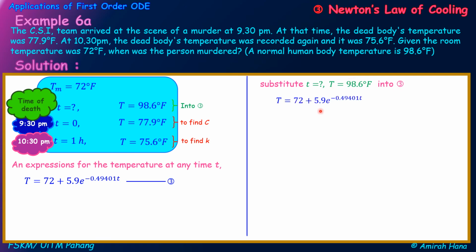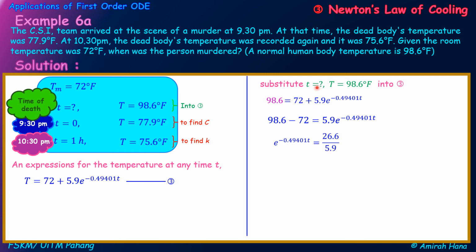From equation 3, we replace the temperature with 98.6. And then we move 72 to the left-hand side. So we get 98.6 minus 72. After we simplify, we get e^(-0.49401T) equals 26.6, and then we move 5.9 to the left-hand side, so it becomes the denominator 5.9.